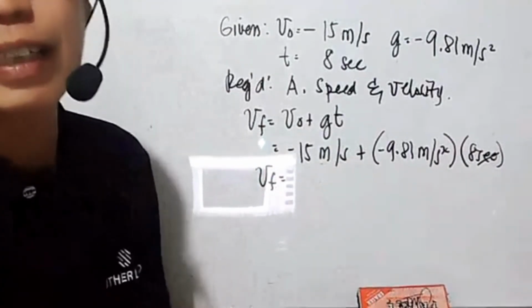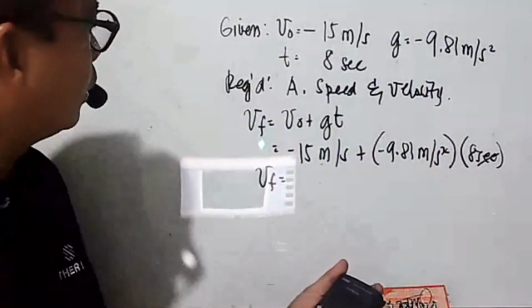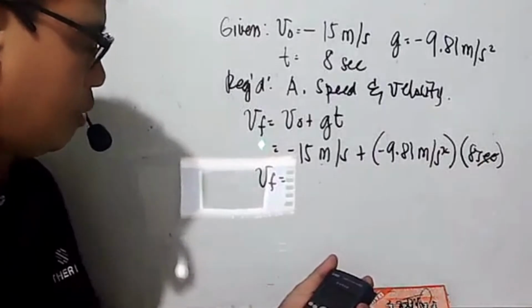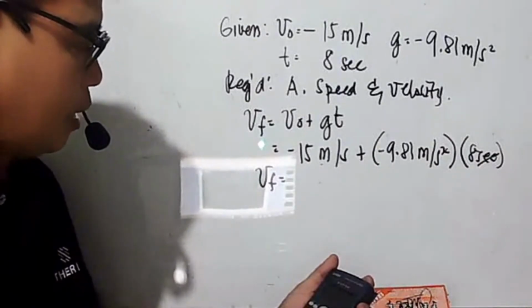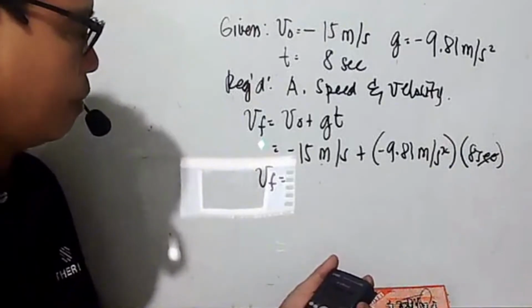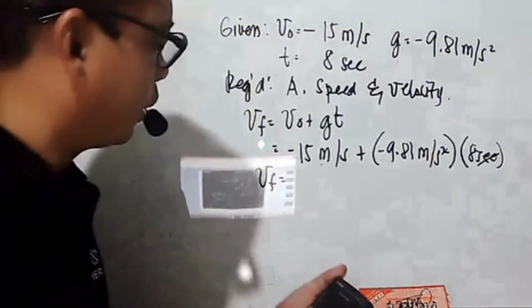Okay, so I'll try to solve it first. Your velocity now is negative 9.81 multiplied by 8 seconds, that is 78.48.